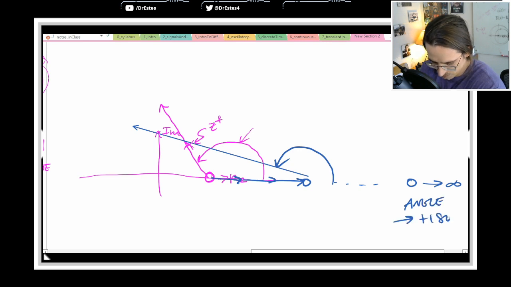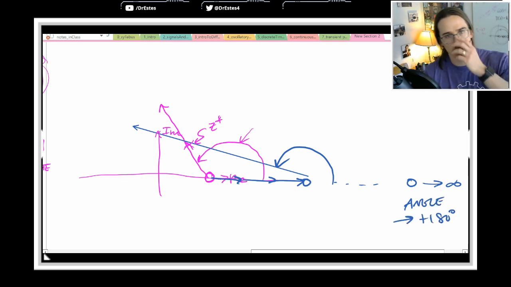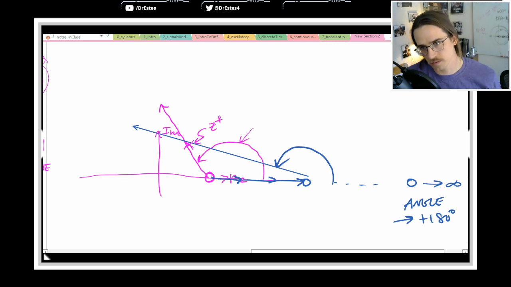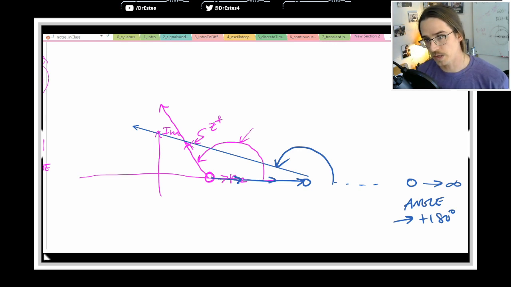The angle approaches positive 180. Same thing if this was a pole, we can calculate the angle in the same way using this technique, but when it's a pole, you have to make the angle negative. So if I move a pole further and further to positive infinity, relative to some z star, that angle is going to go to minus 180.